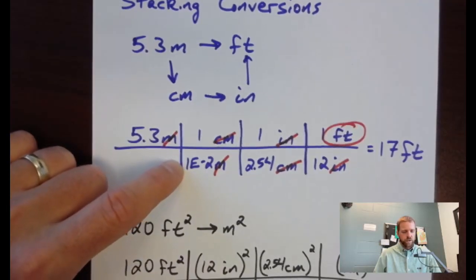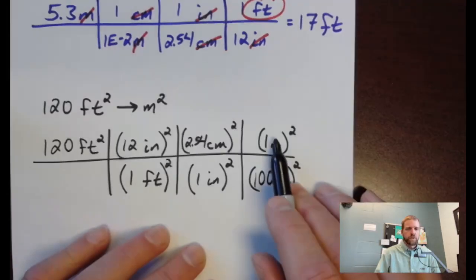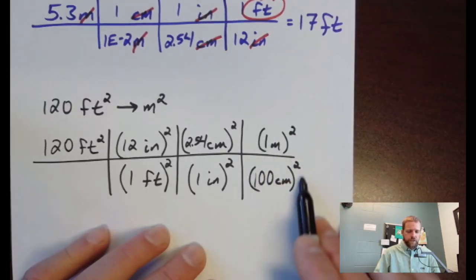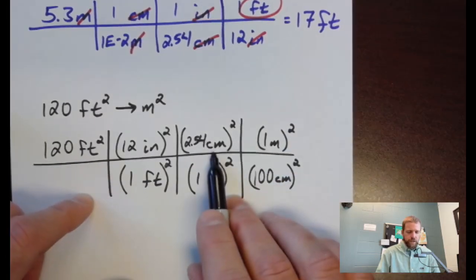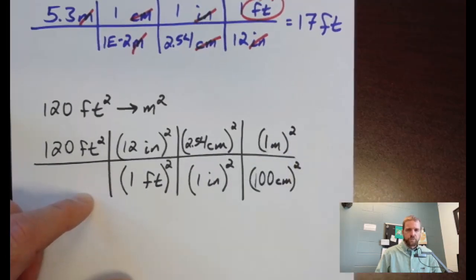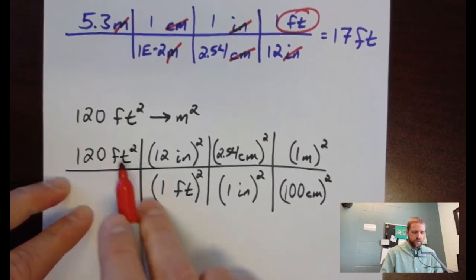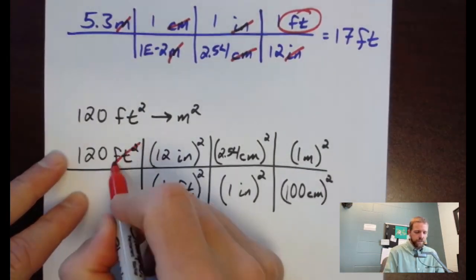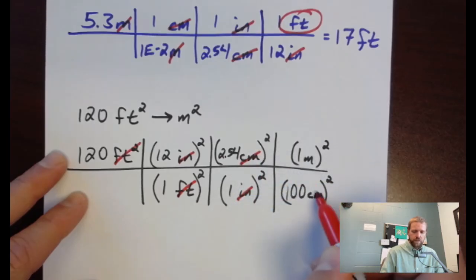I can write 1/100th of a meter as a centimeter, or I can write there's 100 centimeters in 1 meter. But down here, I am squaring the whole thing because there are 2 centimeters. Both of them need to be converted to meters. Okay, before I punch anything into my calculator, I want to check and make sure that my units cancel. So my feet squared cancel here, my inches squared cancel, my centimeters squared cancel, and I'm left with meters squared.